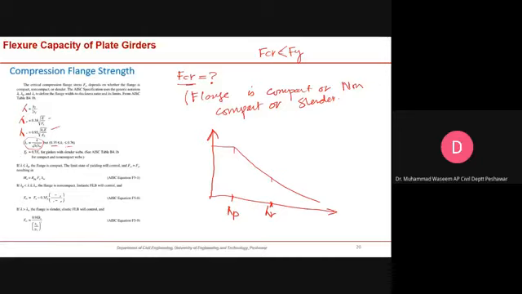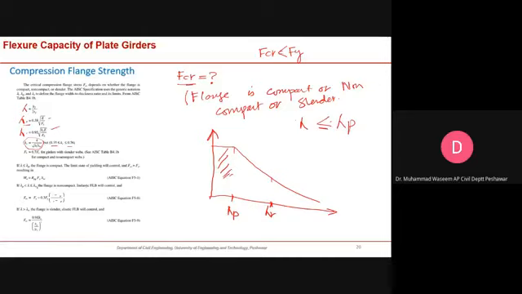Okay, so if you have calculated lambda, let me see what it is saying. If this lambda is equal or less than lambda p, so you will be in this zone.